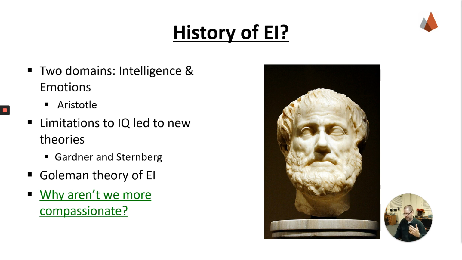As they went out to this other building, they passed by a man who was bent over and obviously in need. Did they stop to help him? The case was that they really didn't stop to help him at all. And so you have to say, well, why?